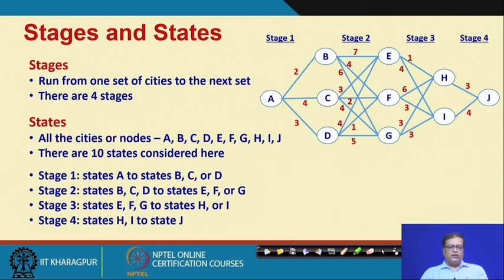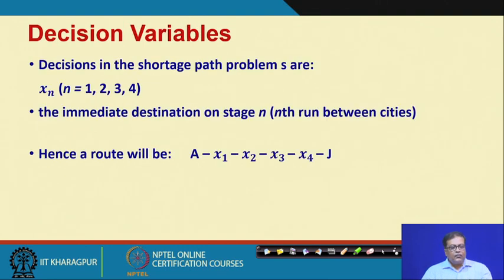So, these are the stages and states. I hope it is clear. The stages are every leg of the stagecoach run. States are the possible different states one can be in at the conclusion of a stage, right.